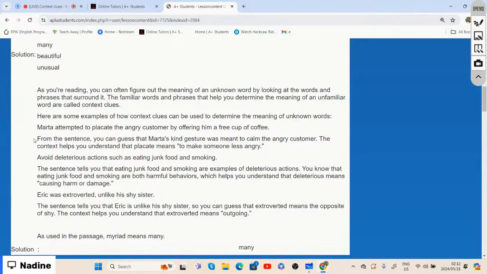So as you're reading, you can often figure out meanings of an unknown word by looking at the words and phrases that surround it. Certain words that surround it tell us either what the word is about or what it is, or the meaning of it.